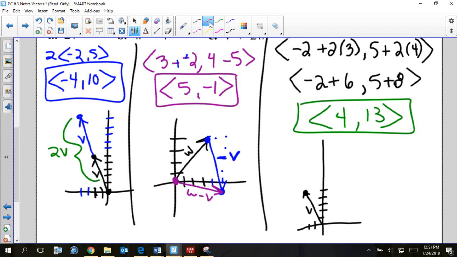3 is on the X side though. 1, 2, 3. 1, 2, 3, 4. Sorry, we're going to see. So I have W and then W. So I just added on 2W.